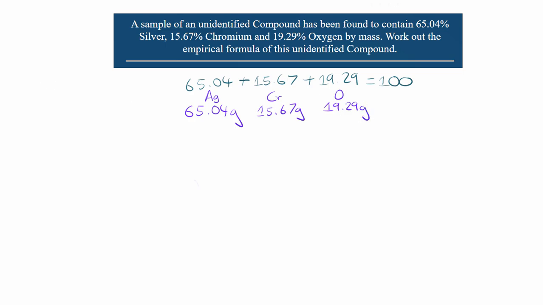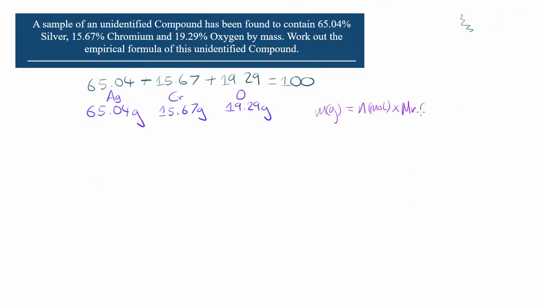What we're going to need to do is convert this now to moles. So we're going to use the equation that relates moles, mass and molar mass. That is, the mass in grams is equal to the moles n, multiplied by the molar mass Mr, which is in grams per mole.